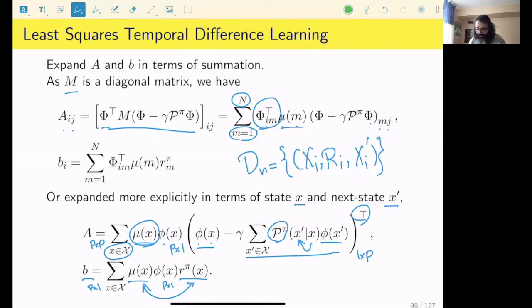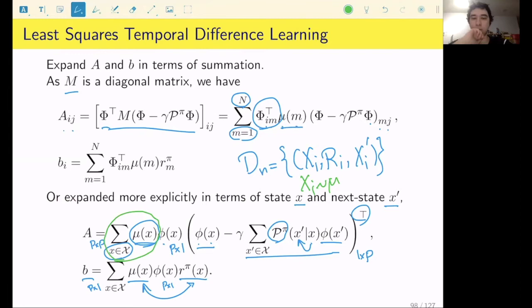So instead of phi of x, suppose I add this extra thing that the x_i's are coming from distribution mu. So this summation over x's according to mu is essentially saying that we are computing the expectation when x's are coming from distribution mu.